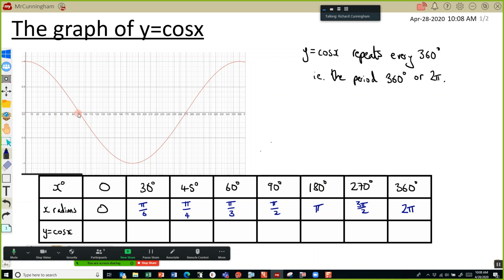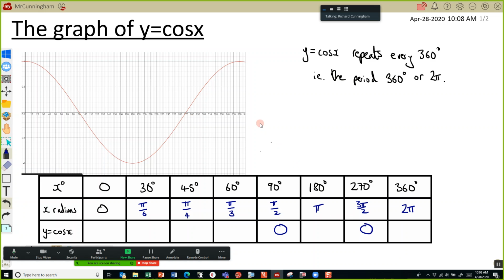So somebody from the standard level class now, what is cos of 90? Cos of 90 is 0, thank you. So I can put that in. What is cos of 270? 0.